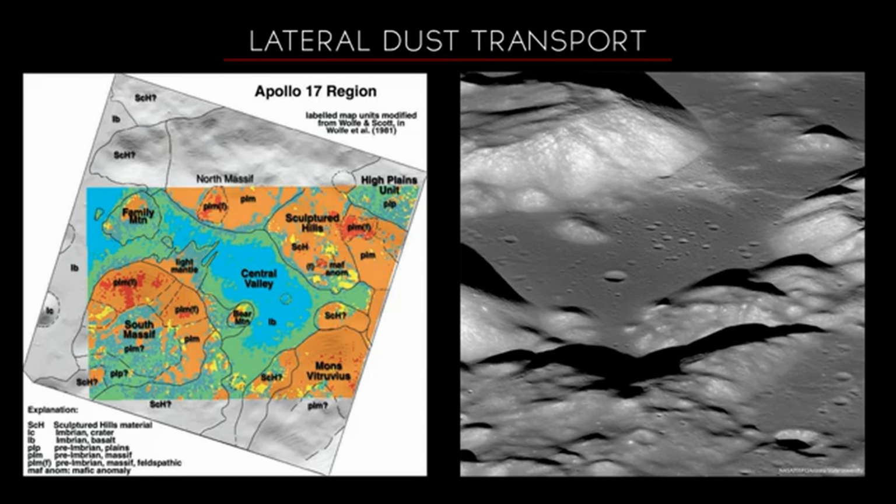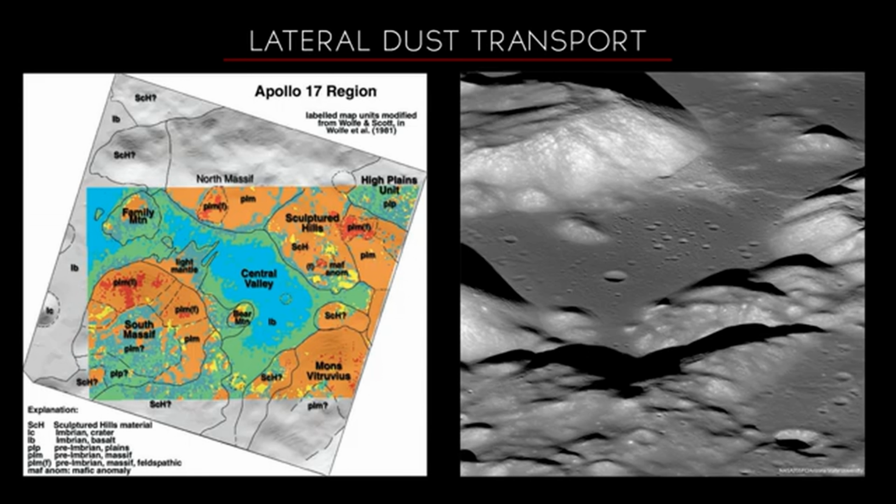At the left, you have a geologic map from a publication in 2002 that shows, by using remote sensing data, that those albedo variations indeed represent compositional variations, and that there is no sense that there's a homogenization of the lunar surface from dust.